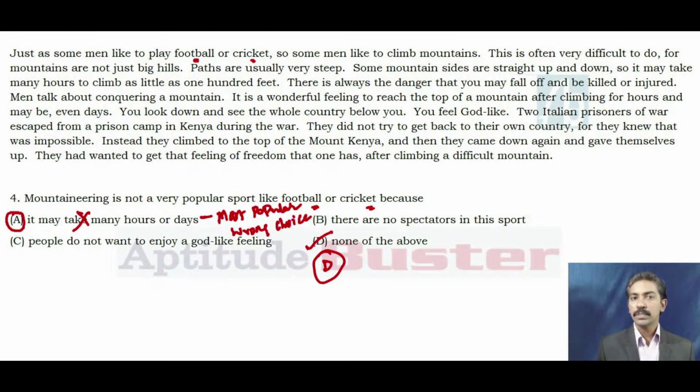When you have questions with none of the above options, it's a natural tendency to omit option D completely. No one would look at option D or care about that option, and you would try to assume that the answer would be either A or B or C. The reason is very less exposure. The reason is perhaps you wouldn't have experienced a real competitive examination question paper.